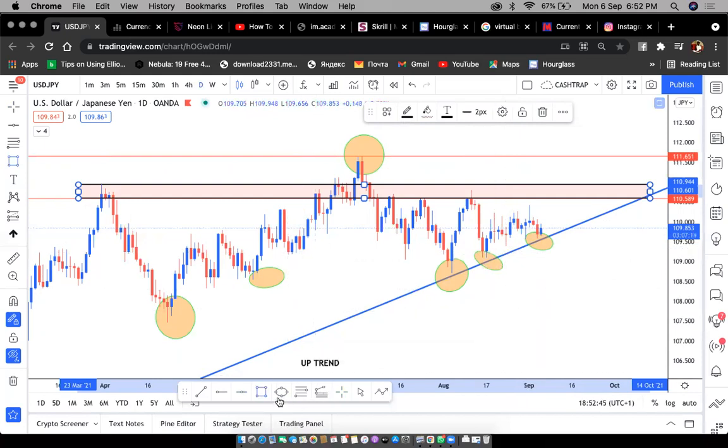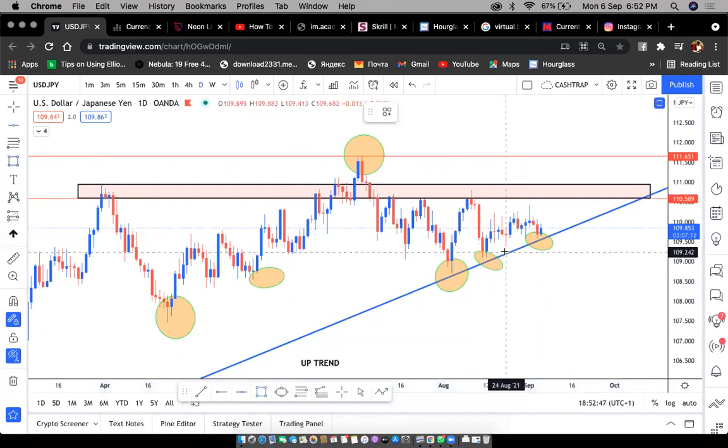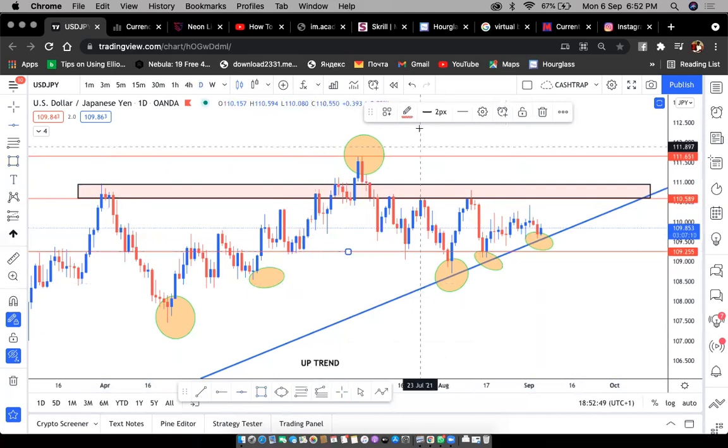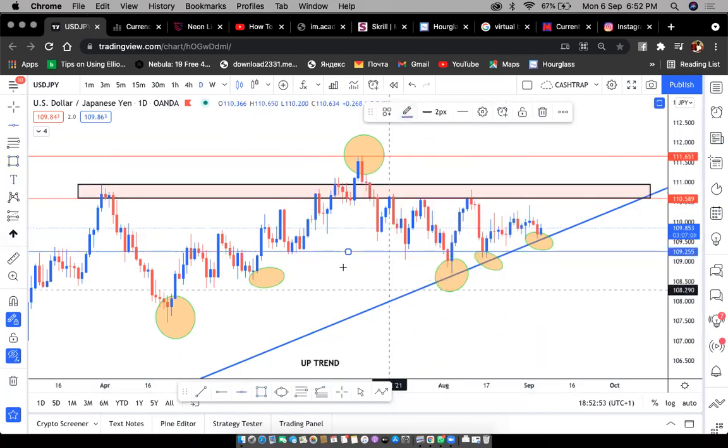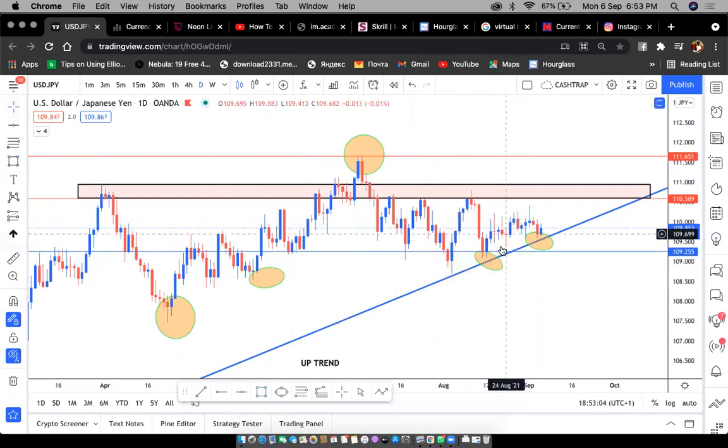Okay, now where do you see a support? You want to take as many points as possible. So looking at this chart, I see this area as my support. I'm going to remove some of my circles so that it will be clear. Okay.